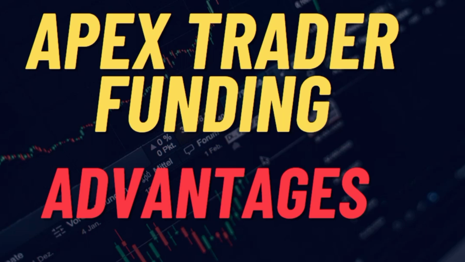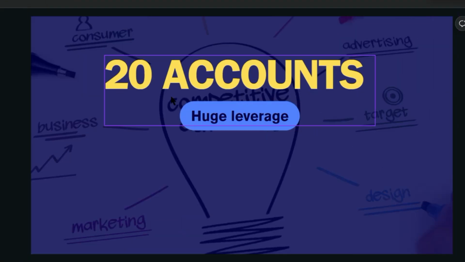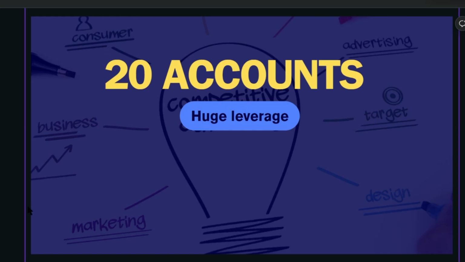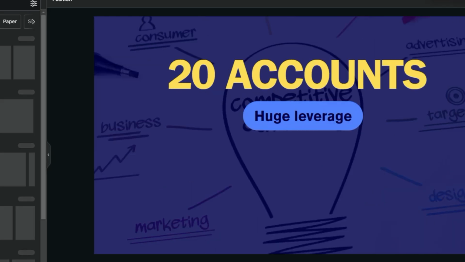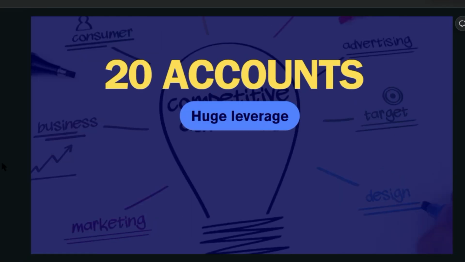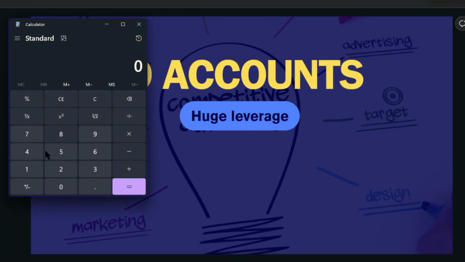The advantages of Apex are they're going to allow you to have 20 accounts at one time. You can activate 20 of them at once. That is huge leverage, because if you consider how much the notional value of each contract is worth, with 20 accounts, let's say you chose 50K accounts, 20 accounts times 10 contracts, that's 200.